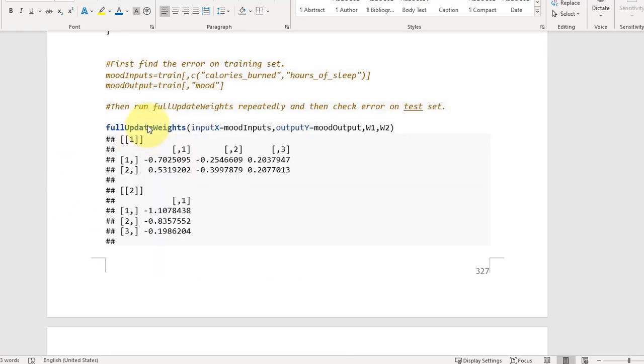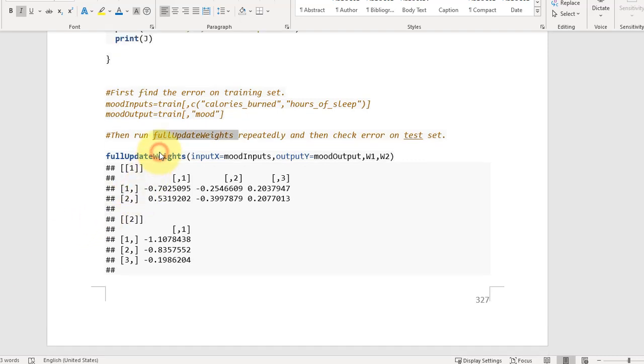So now we run that full update weights repeatedly, and we're going to check the error on the test set. So we're going to see how the test set does with our model or our network. We're going to train our model with the training set and test it with the testing set. So we're running the full updates each time using the training set.